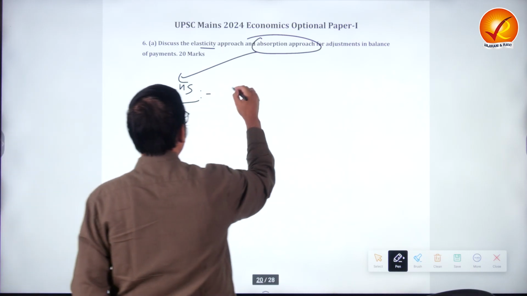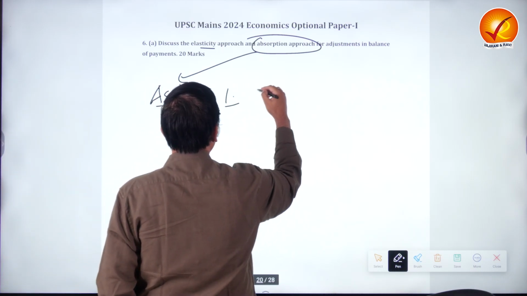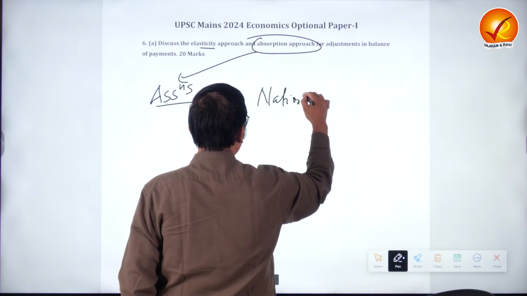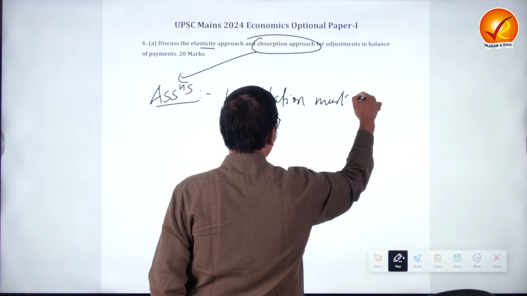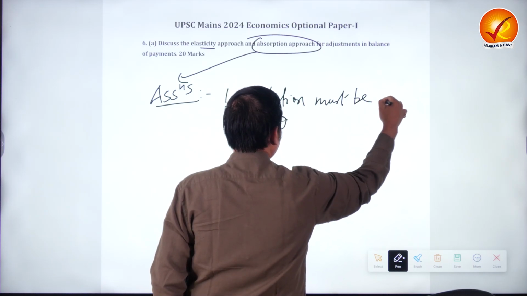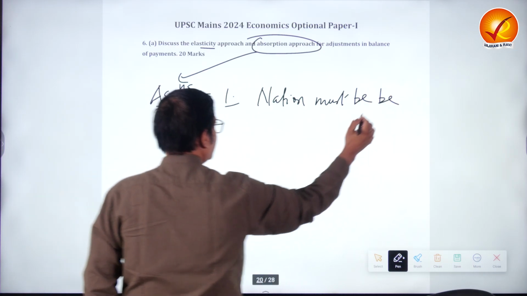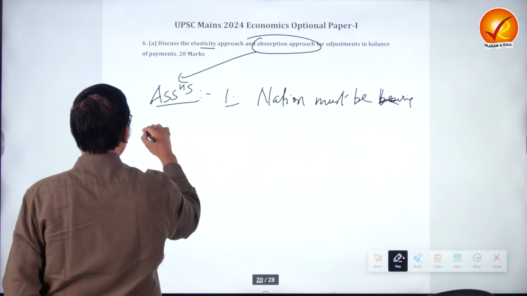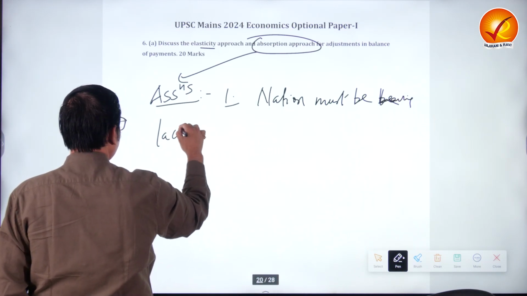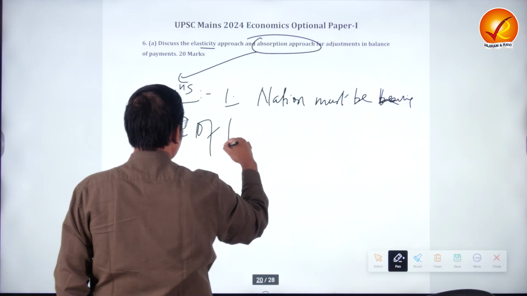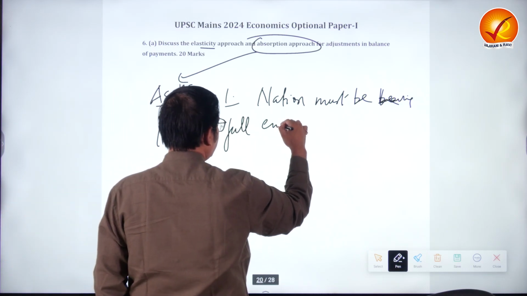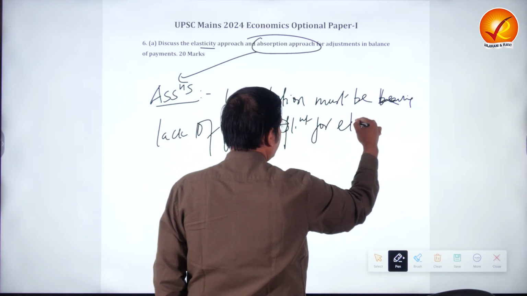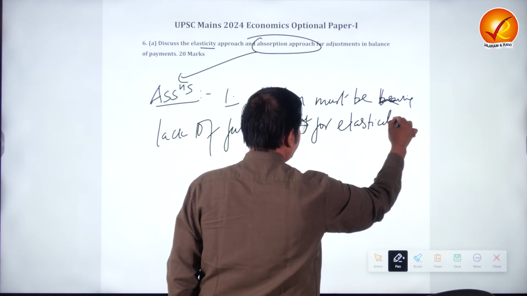The absorption approach tells that the nation must have a lack of full employment for the elasticity approach to function.